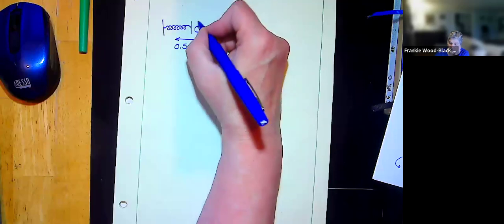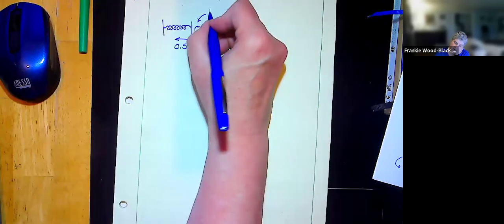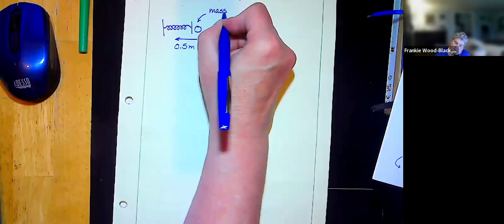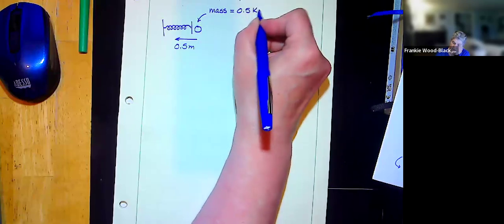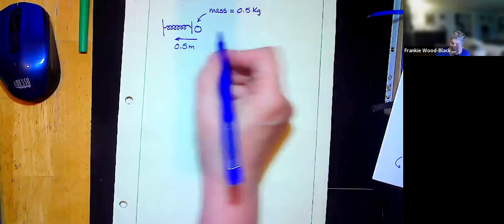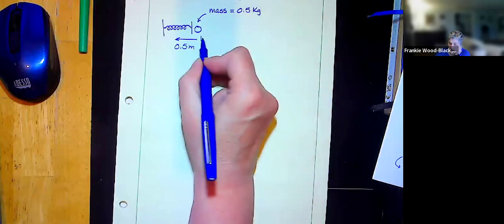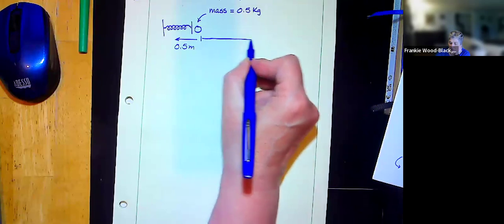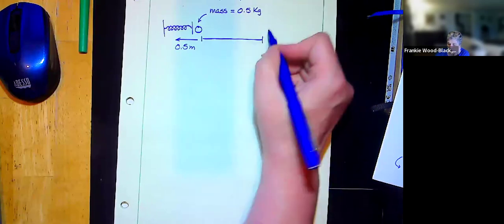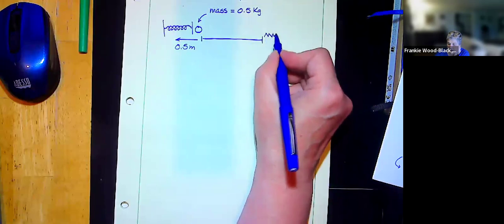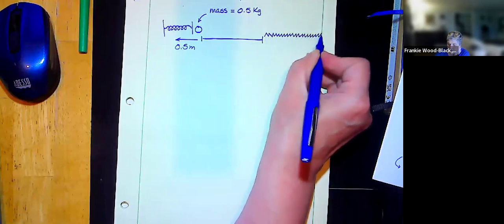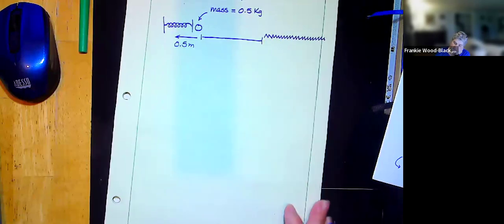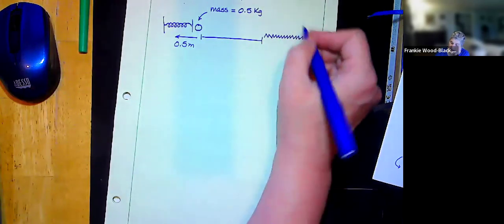And the mass of our ball is going to equal 0.5 kilograms. We're going to let it go over a frictionless surface, and then it's going to hit a rough patch.